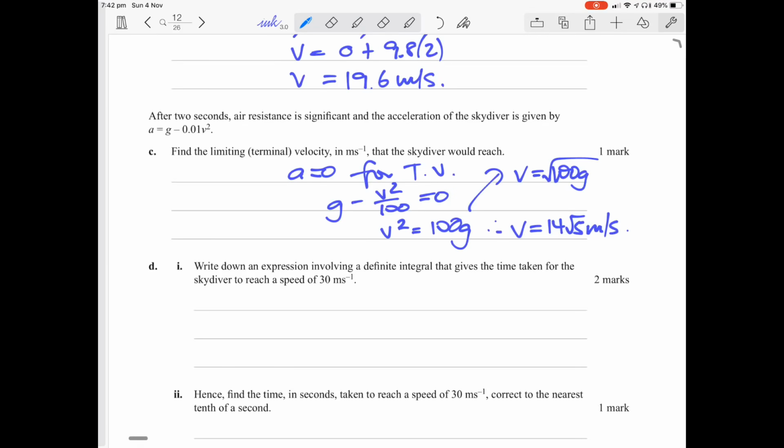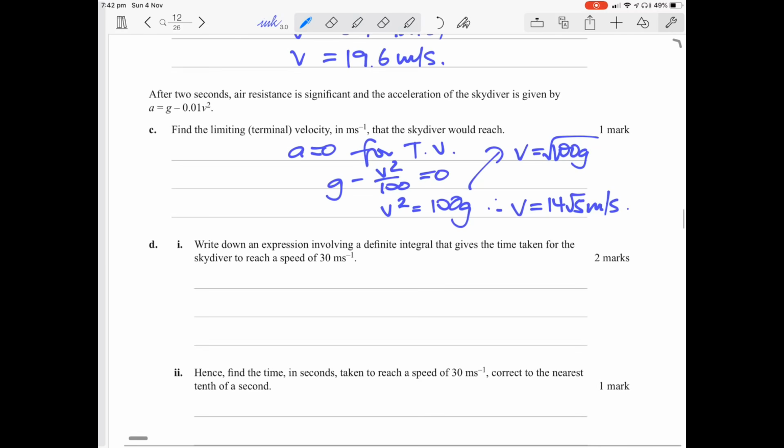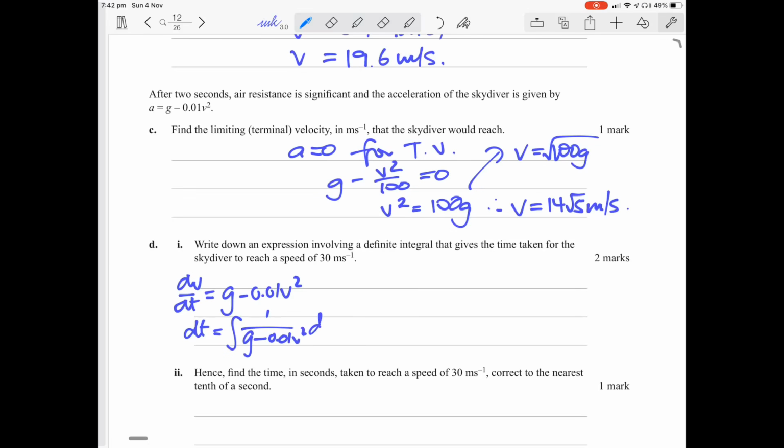What are we trying to find? Time taken. So we know dv dt is equal to G minus 0.01 V squared. So dt is equal to, because you have to flip it, 1 on G minus 0.01 V squared dv.